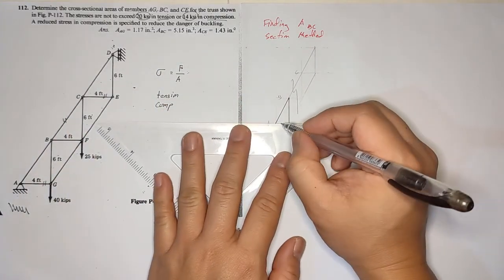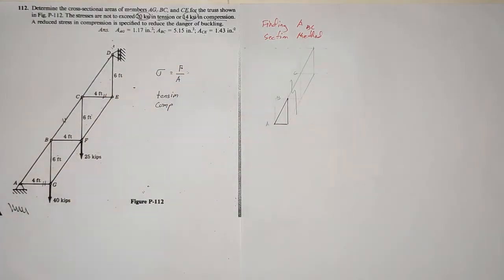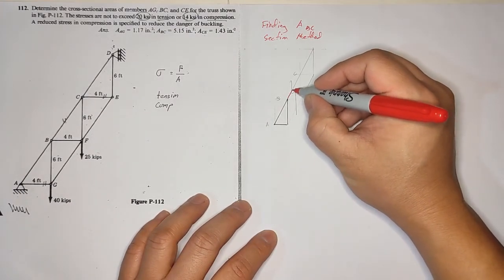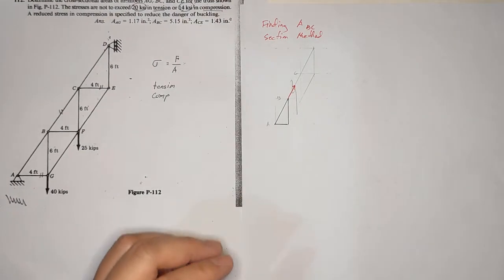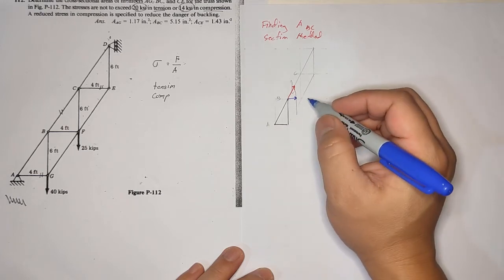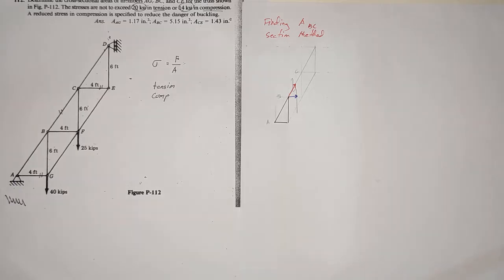Okay, because I already cut it. Then, what else? So I will be substituting this one by means of force, and this is also another force, that is BF. Okay, and I assume that they are all in tension.